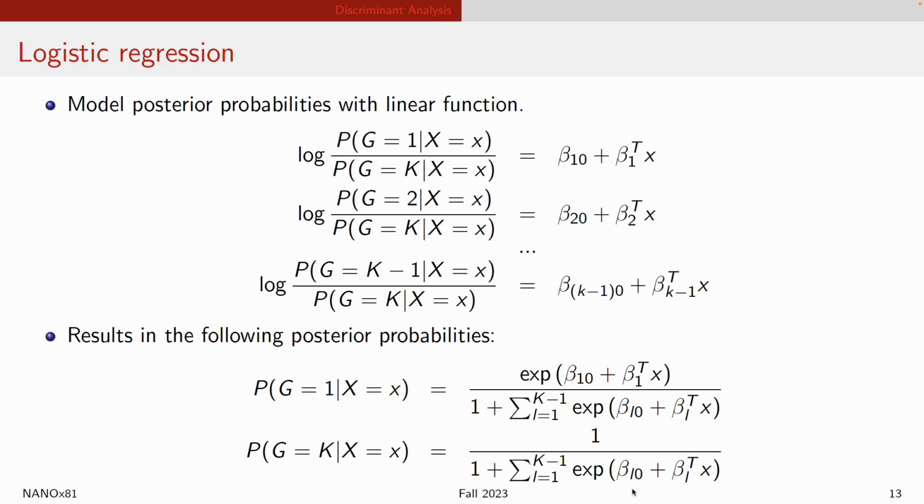Now, for those of you who have done thermodynamics before, this reminds you of what? Exponent of something divided by the sum of the exponents. Statistical mechanics, anyone? This looks like your partition function, which is e to the power of negative beta E divided by the sum of e to the power of negative beta E. So it essentially is roughly the same form.